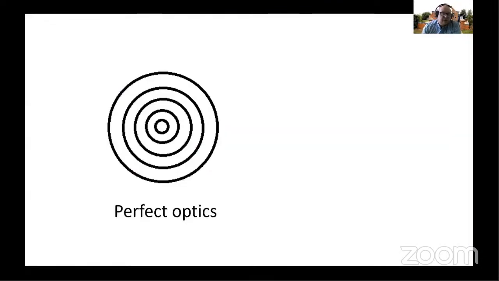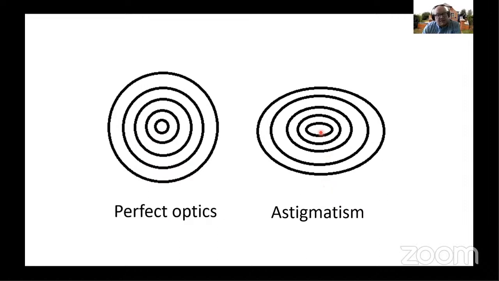So here we've got perfect optics without any astigmatism, and you can see these concentric rings, the Airy disc. And in astigmatism, we've got this effect. We've got a similar pattern, but instead of a sharp center, we've now got two centers that are merged together.